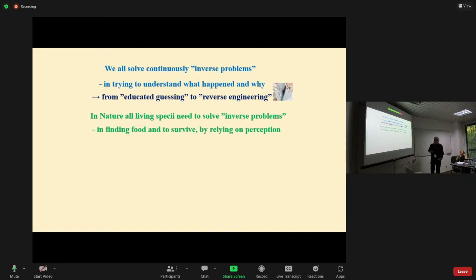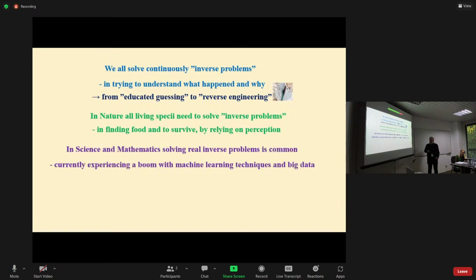Okay, in nature, all living species, birds, snakes, whatever, they are solving inverse problems to find food and also to survive. They rely on perceptions, like sounds and light and smells and so on.